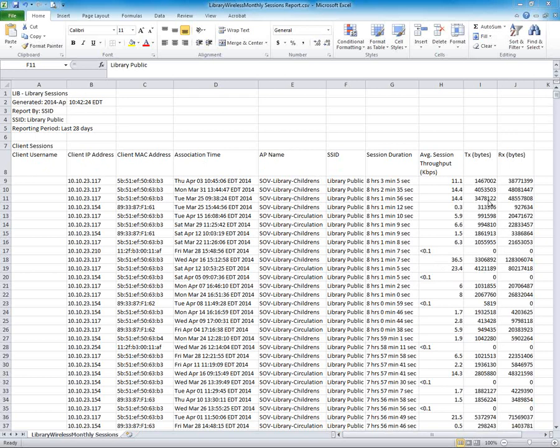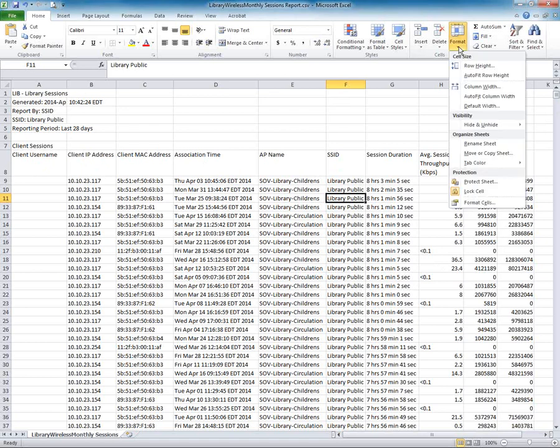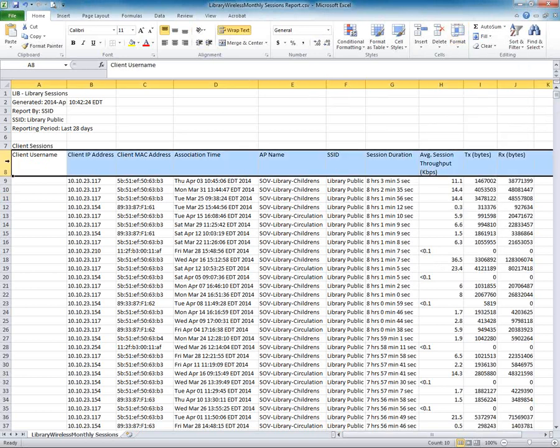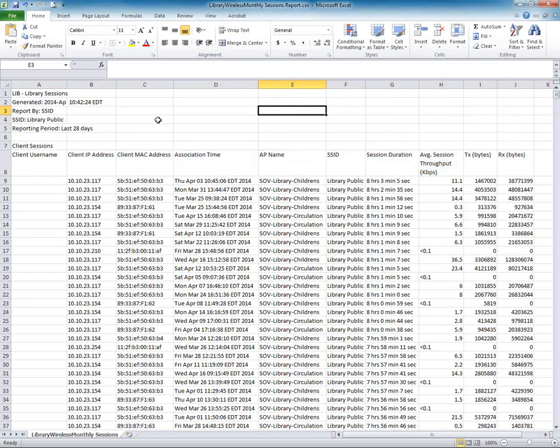The only thing that I believe I've done with this document is to use the formatting to auto-fit the column width for the entire spreadsheet, and then here I have just set the formatting so that the text wraps. So that's really, I believe, all that I've done with the CSV file, and then you can save it as an Excel file so that you have it to manipulate.